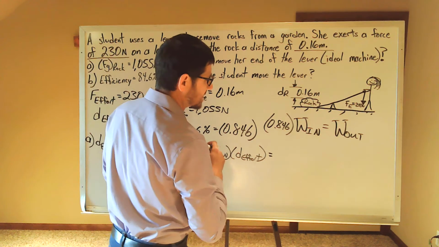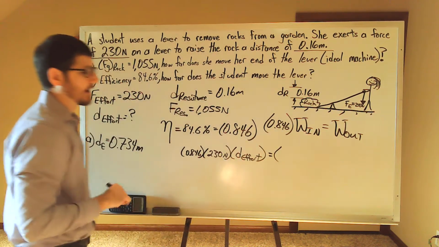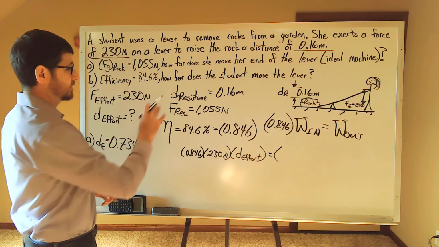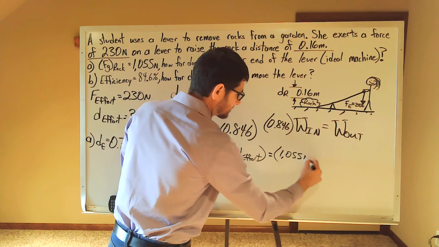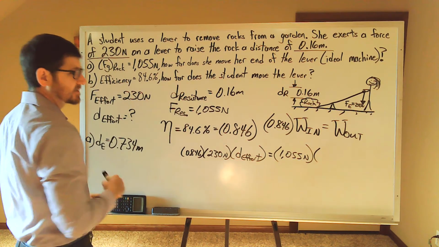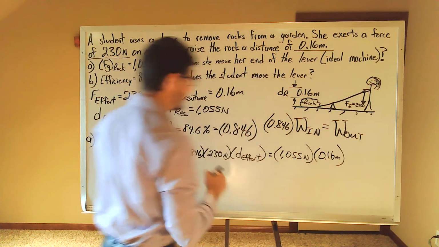On the right hand side of the equal sign, our work output, this is going to be our resistance force, which is our weight force, which is 1,055 newtons. And then we're going to multiply it by our resistance distance, 0.16 meters. Okay?